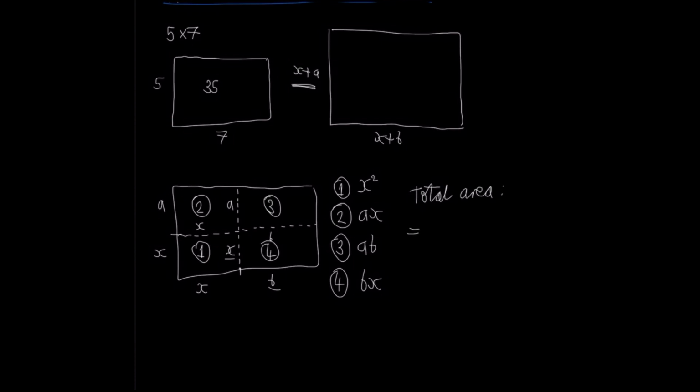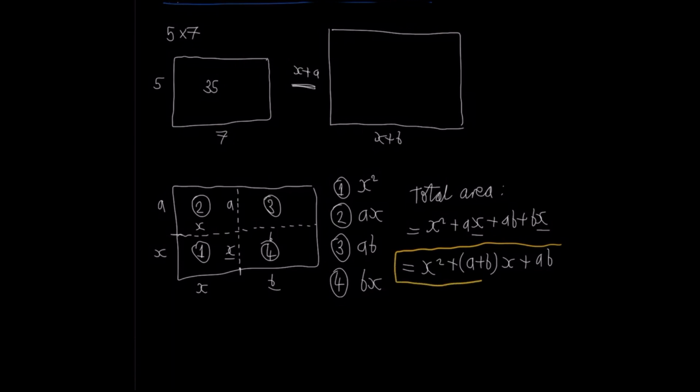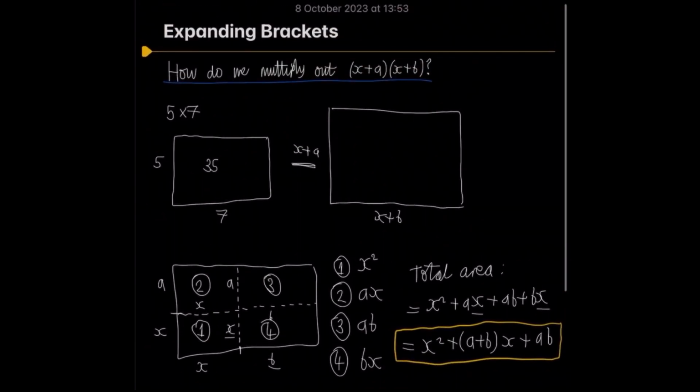That's equal to x squared plus ax plus ab plus bx. Now combining like terms, we get the final result, x squared plus a plus b multiplied by x, and then plus ab. So that's our general result here for expanding two general linear terms multiplied together.